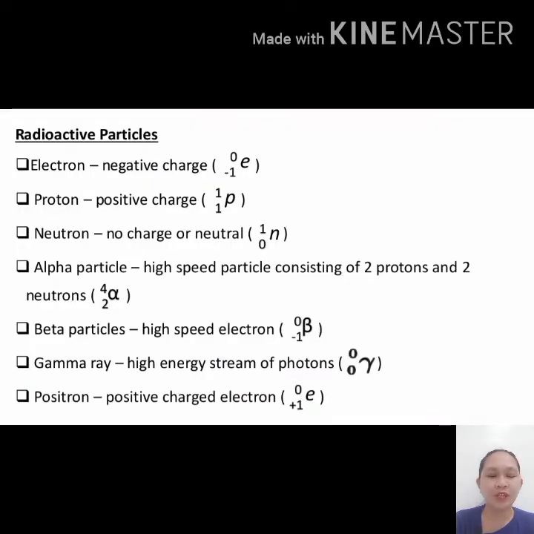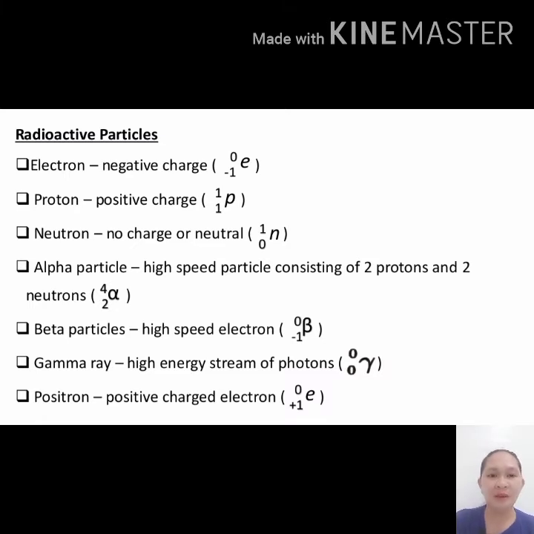There are different radioactive particles. First is the electron. Electron is negatively charged, and it can be represented by the letter e. It has a subscript of negative 1 and a superscript of 0. The next one is the proton.